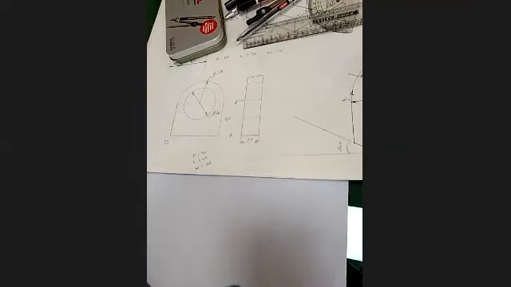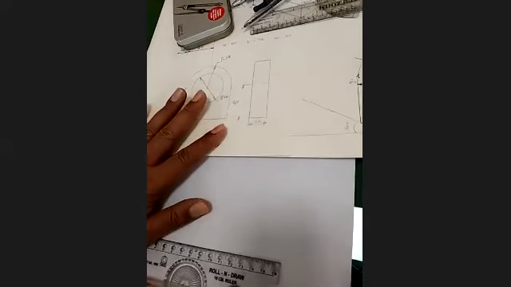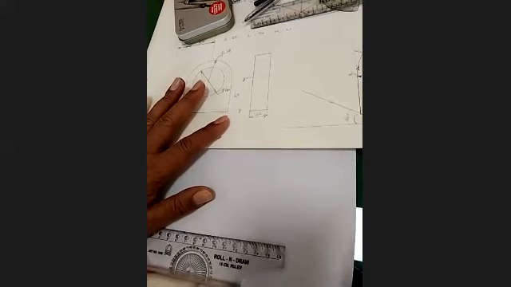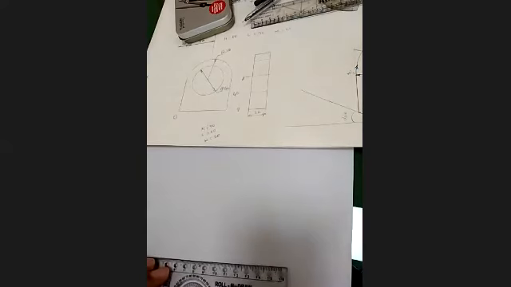First of all, we will draw the XY line. I will adjust it with space. Now I can take the line here.